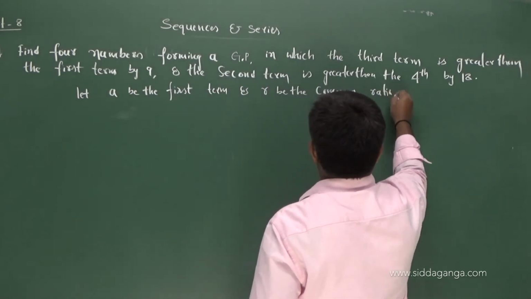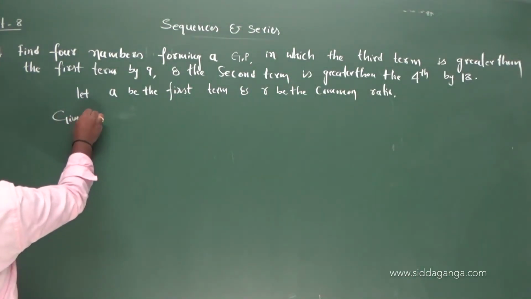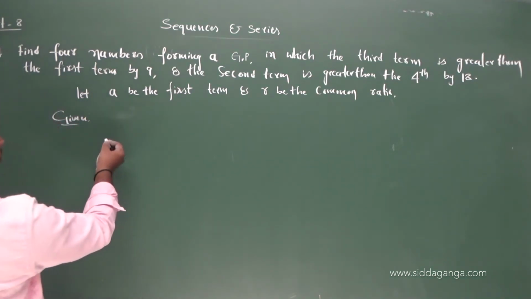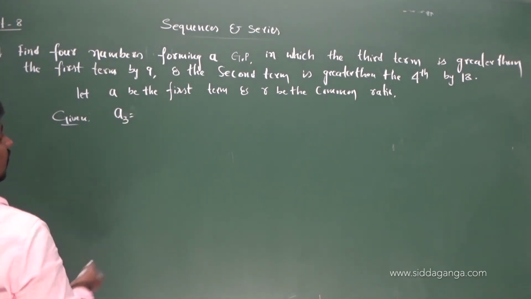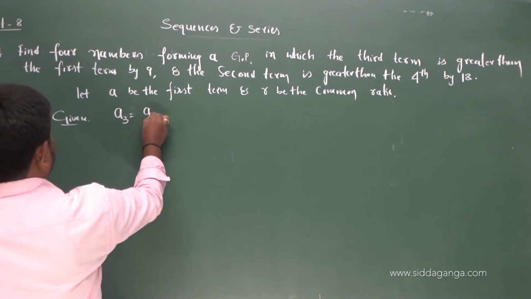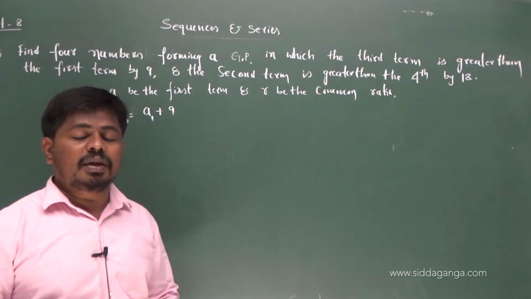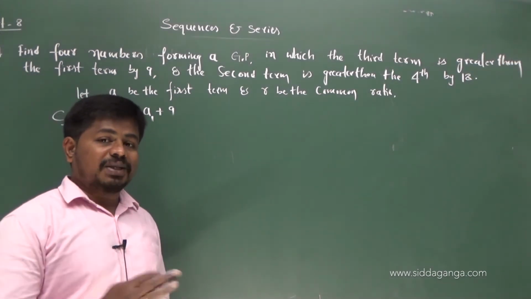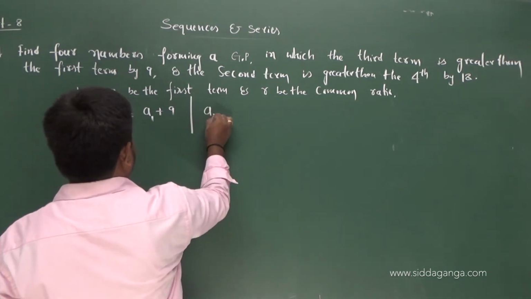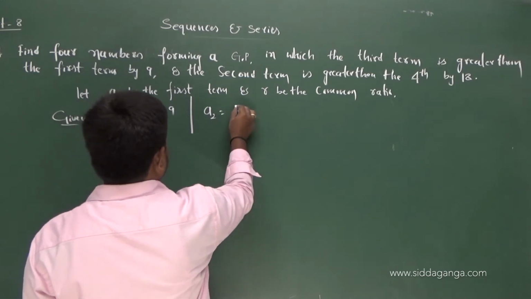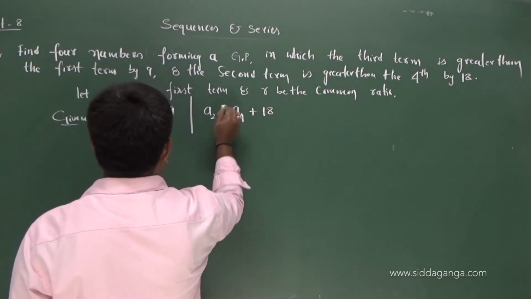According to the given condition, the third term A3 is greater than the first term by 9, so the third term is equal to the first term plus 9. In the same way, the second condition is that the second term A2 is greater than the fourth term A4 by 18.